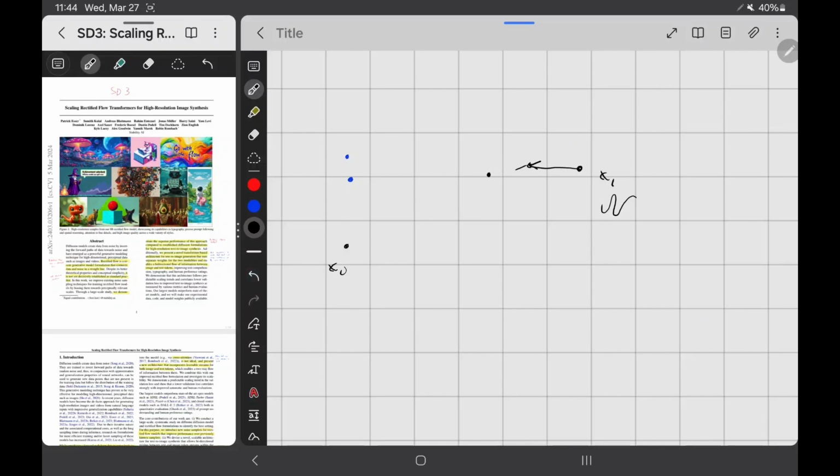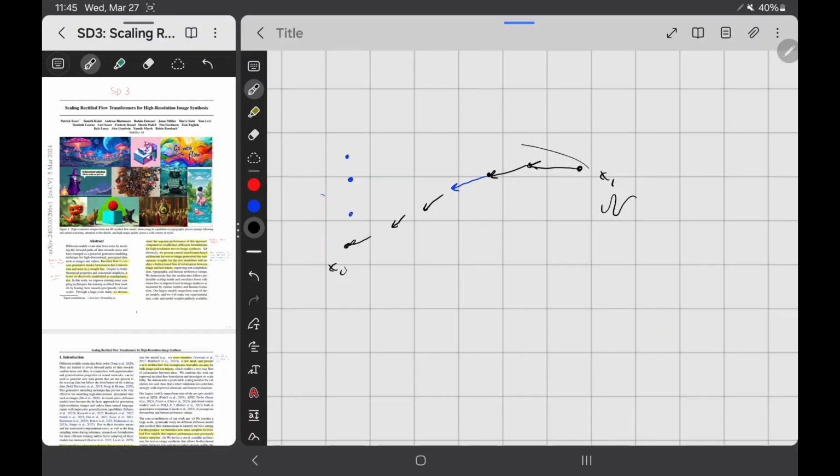So we take a step along it, and this is just like the good old Euler method. This is what the solvers do. They step along this trajectory, along this ODE, and this is basically the intuition behind why you can't just do one step and why it's nice to have multiple steps, allowing it to correct itself. You keep on doing this over and over again until you reach this point here.